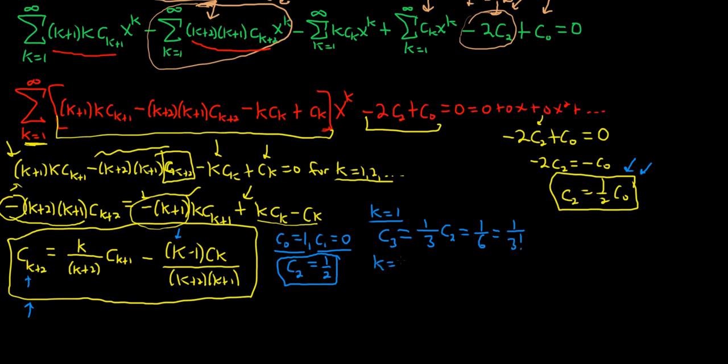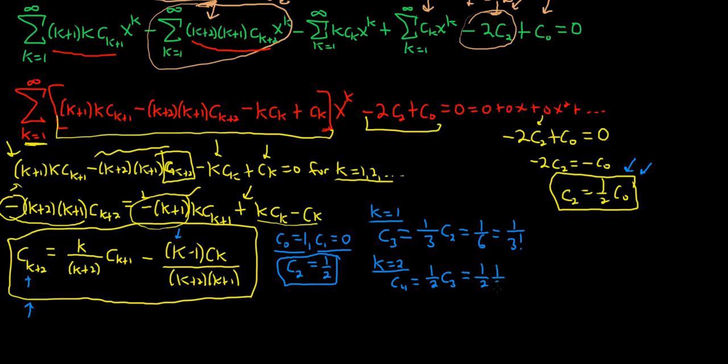Let's do another one. When k equals 2, we get 2 plus 2, so we get C4. So k is 2, so you get 2 over 2 plus 2, which is 2 over 4, which is 1/2, skipping some steps. 2 plus 1 is 3, so we get C3, and C3 is 1 over 3 factorial.